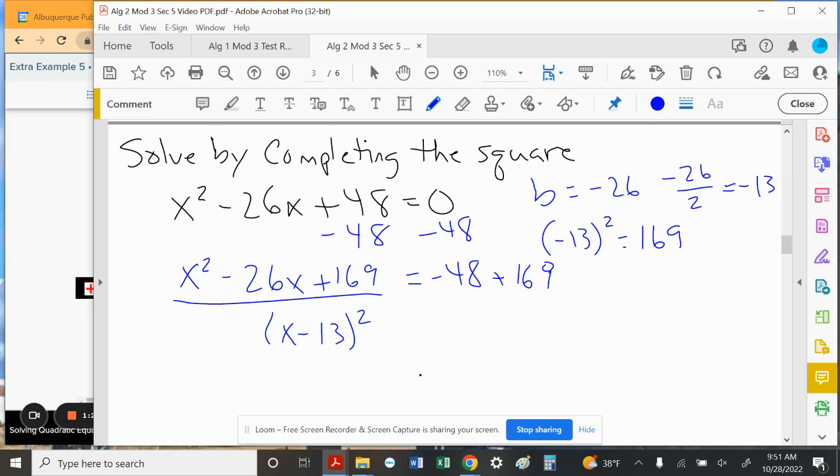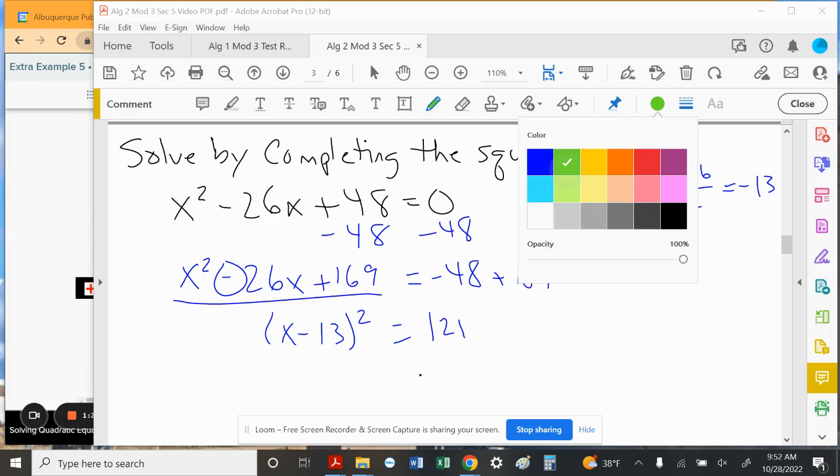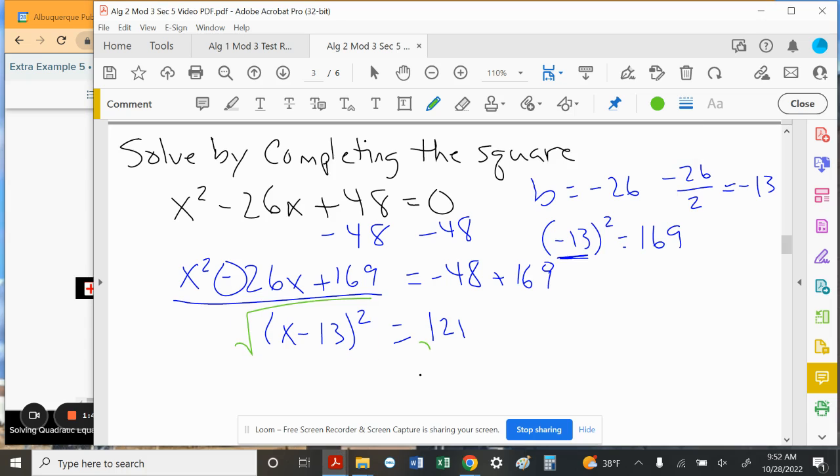How do I know that? Well, I know it's minus because of that. I know it's 13 because I notice that that's minus 13, so therefore it's x minus 13 squared. If I add these two up, I get 121. Then I can go through my steps that I did before in the first couple of problems, and that is I'm going to take the square root of this, and the square root of that.